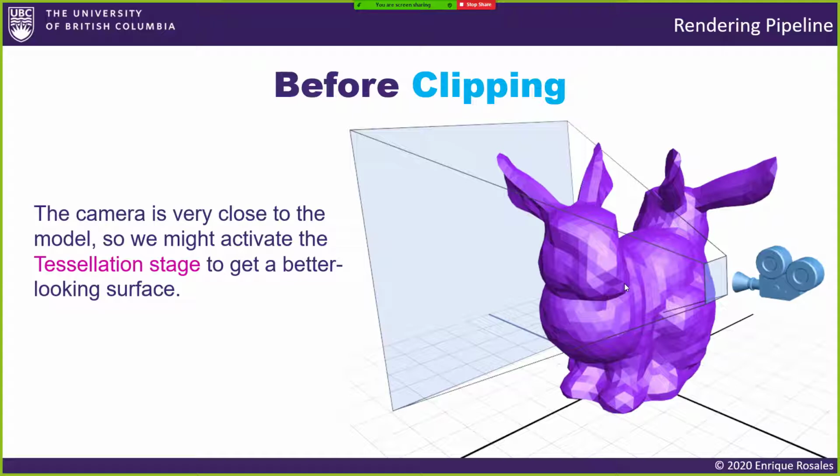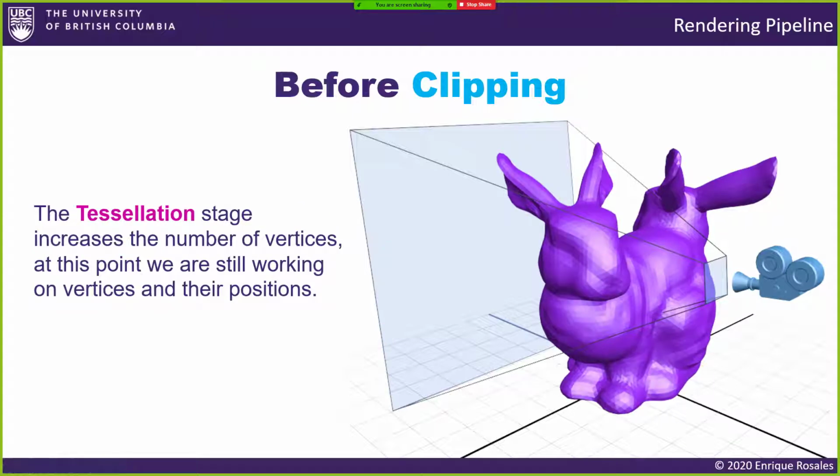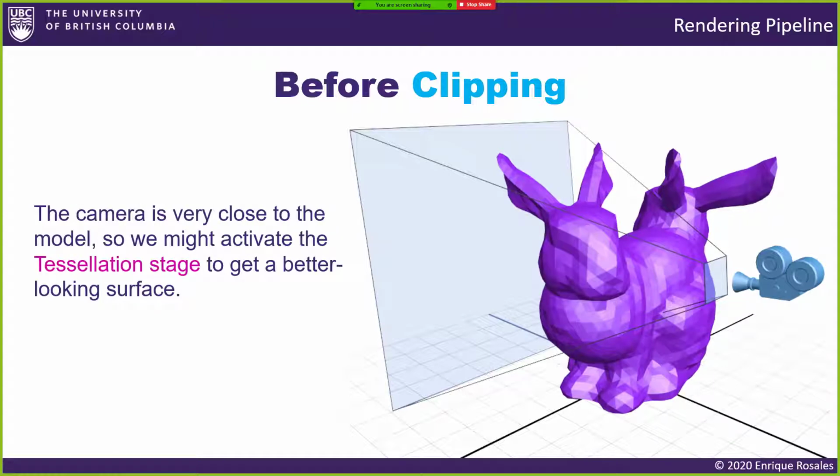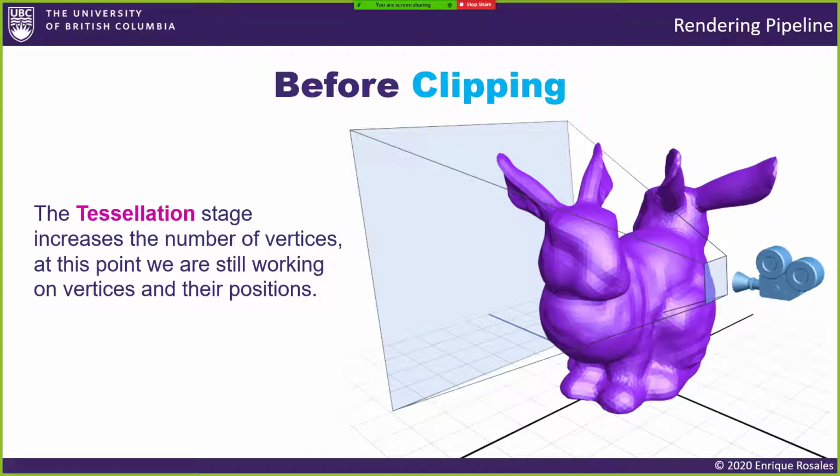So we can ask the tessellator to increase the number of vertices. In this case we have a certain number of triangles, and if we apply one level of tessellation, we have more geometry, and it could be a little bit more appealing, okay?